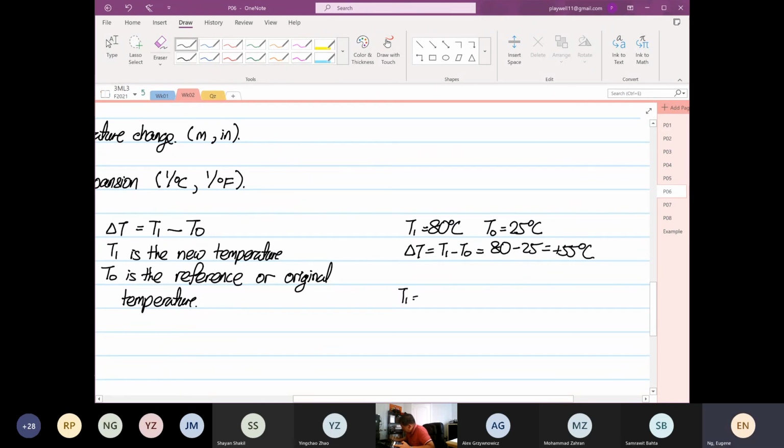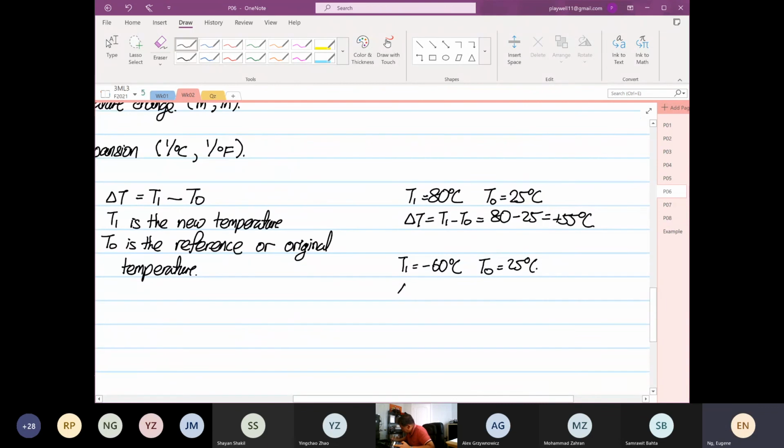Now, if T1 is equal to minus 60 degrees C and T0 is equal to 25, the change in temperature is equal to T1 minus T0. So it's equal to minus 60 and then minus 25.